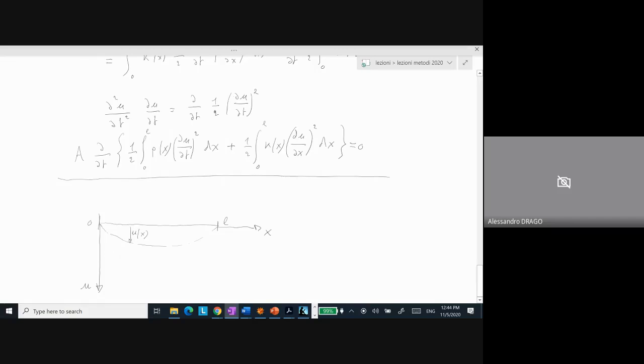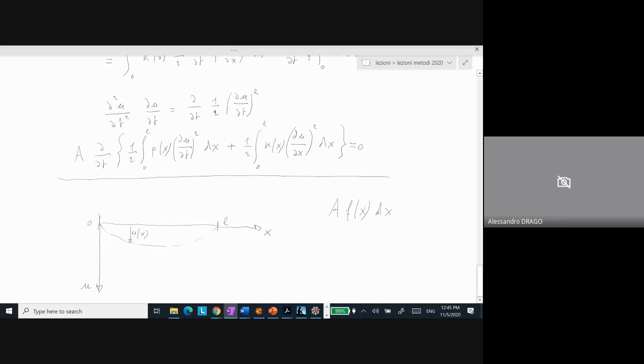Let me just remind you that the F that we have in the equation is not a force, it's a density of force. So if I want a force, I have to multiply F by the famous A and by some element dx.